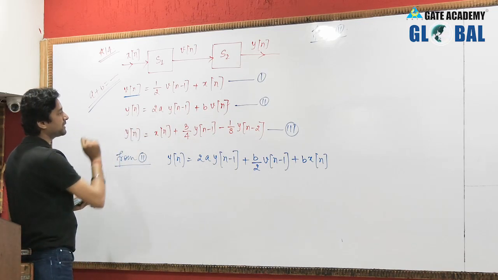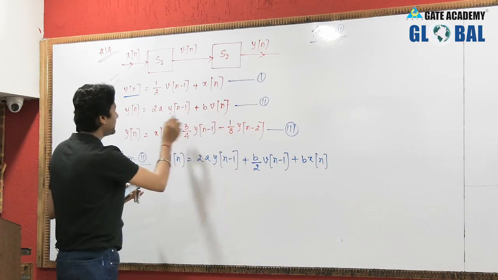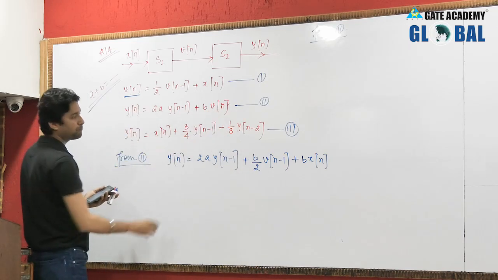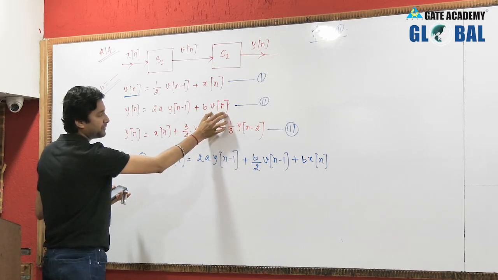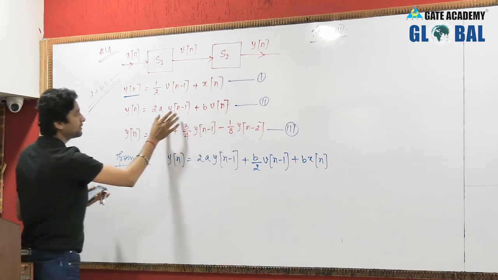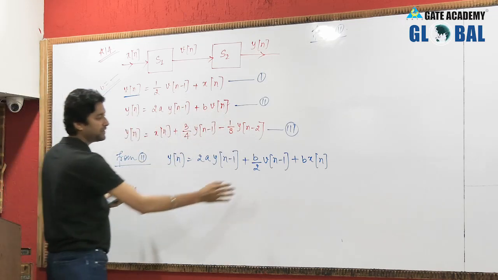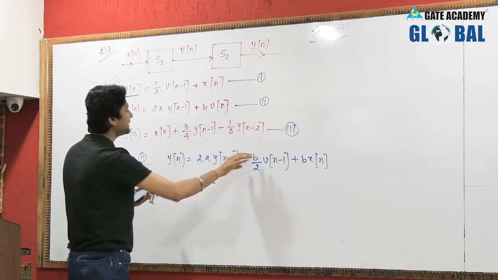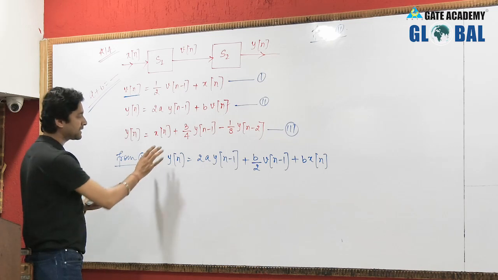Therefore, from this equation, if we want the value of v of n minus 1, we replace n by n minus 1, and then we will have the term v of n minus 1, which can be evaluated only in terms of y of n. Therefore, the problem occurring here, the v of n minus 1 term, can be eliminated in terms of y of n. Then we will be comparing with equation 3.